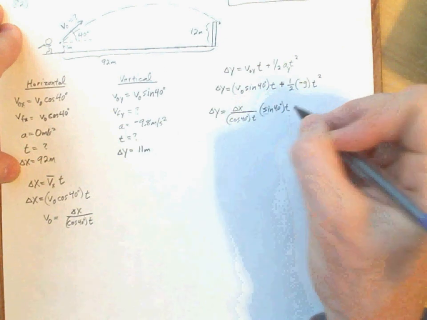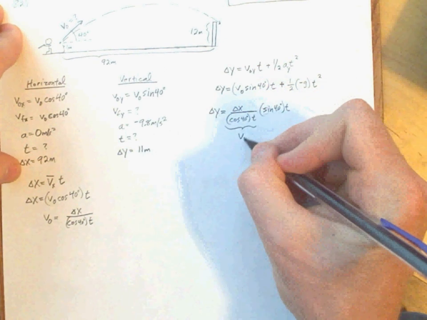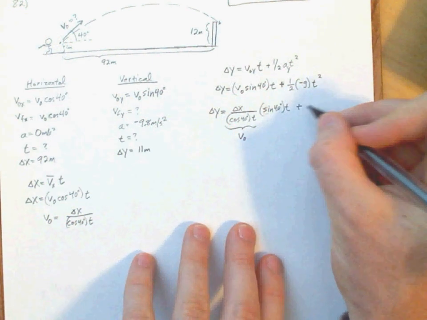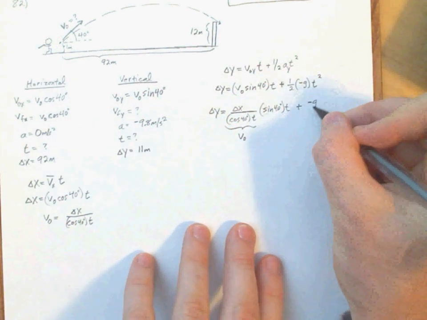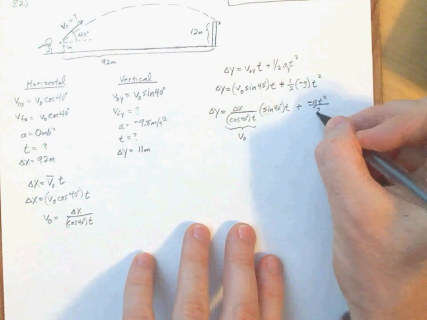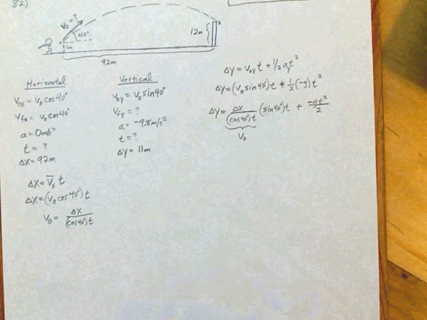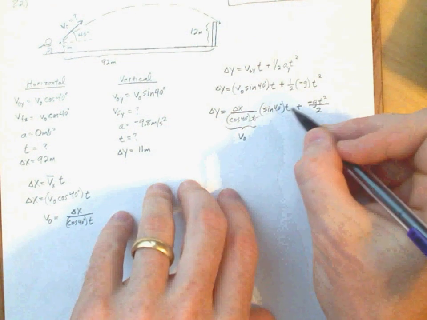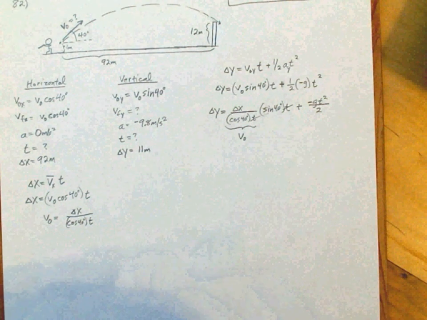This whole mess will be your plus negative gt squared over 2. That's the 1/2 gt squared. Alright, looking at this, these two t's cancel, so instead of having a t and a t squared, I just have t squared in there.